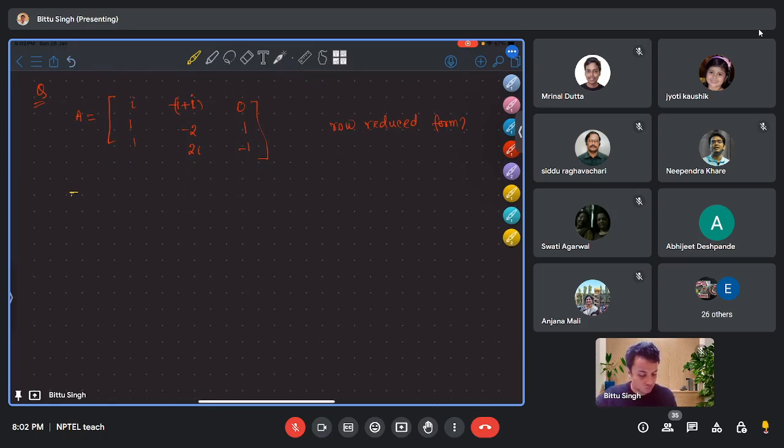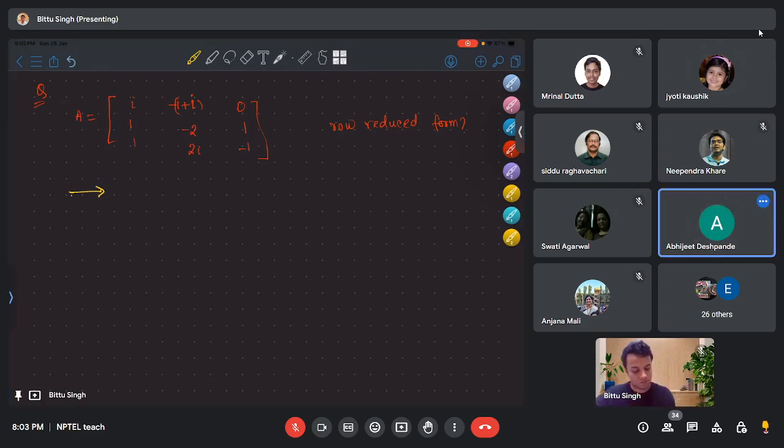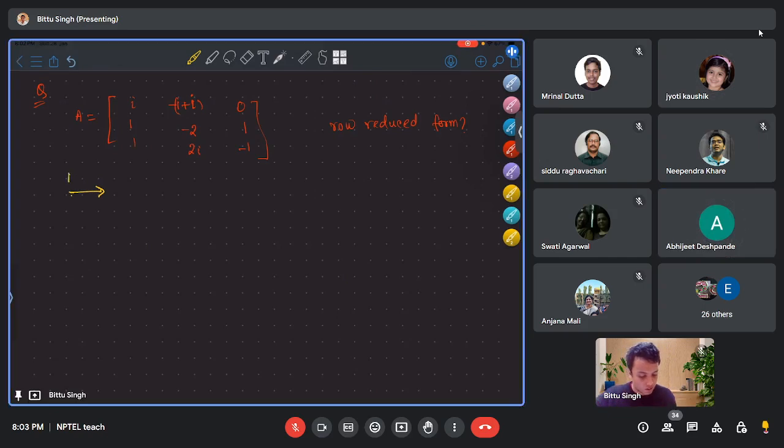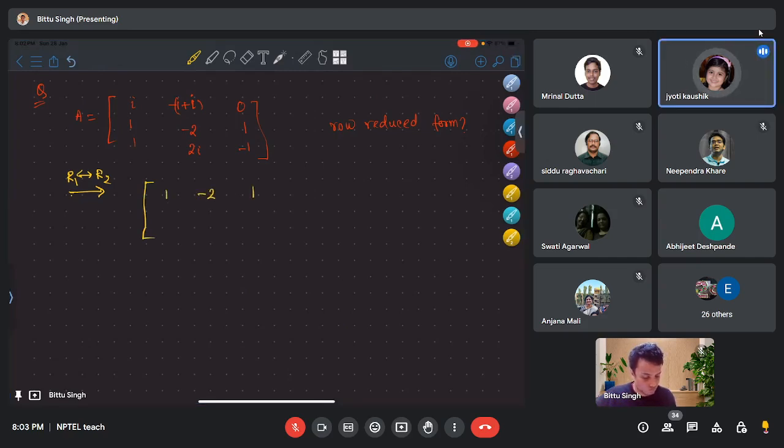What will be the first step? R1 and R2 exchange. Exchanging gives 1, minus 2, 1, then i, minus 1 plus i, 0, then 1, 2i, minus 1.